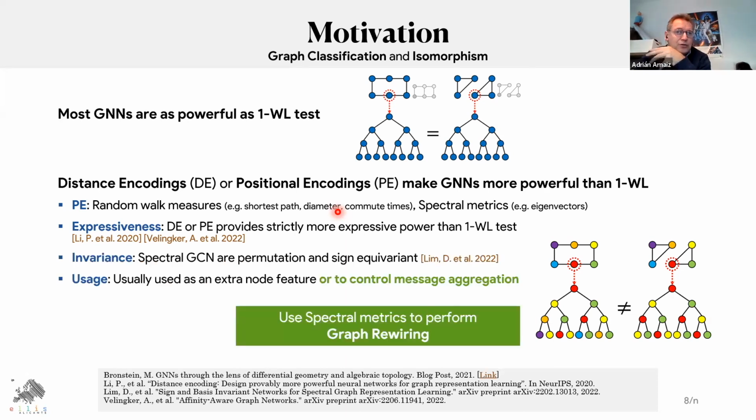So the idea to motivate in this tutorial is the integration between this approach to graph classification and isomorphism and the rewiring approach: what rewiring can contribute to the isomorphism-based approach.